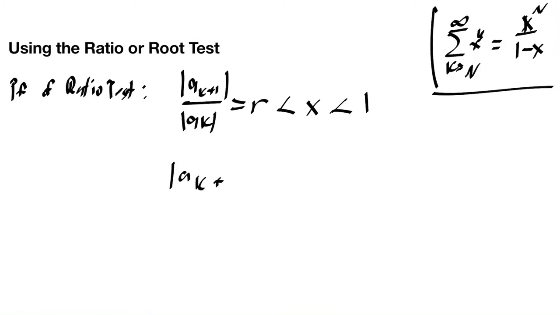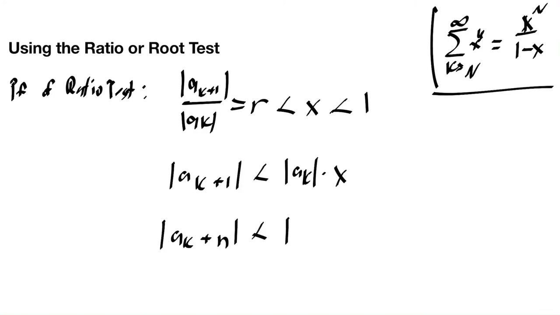And so that meant that a sub k plus 1 is less than a sub k times x. I probably should have written this, it would have made a lot more sense. So then a sub k plus n is now less than a sub k times x to the n. What you'll notice is that I'm just building these things up so that they're always less than x to the n.